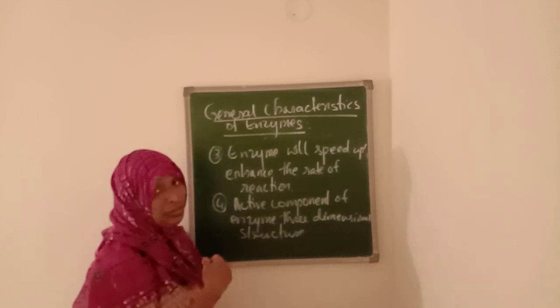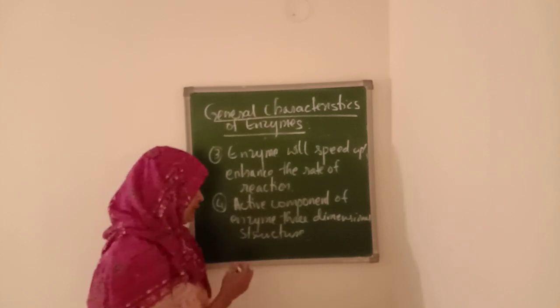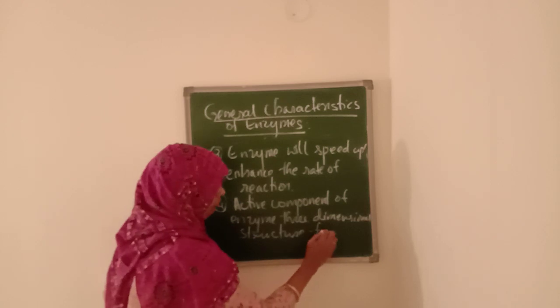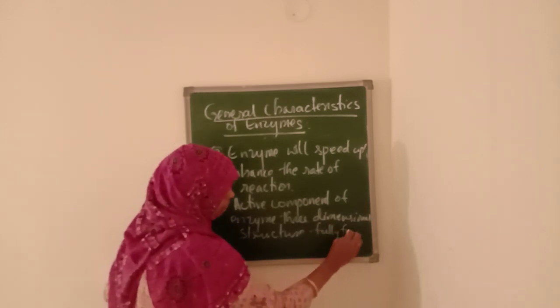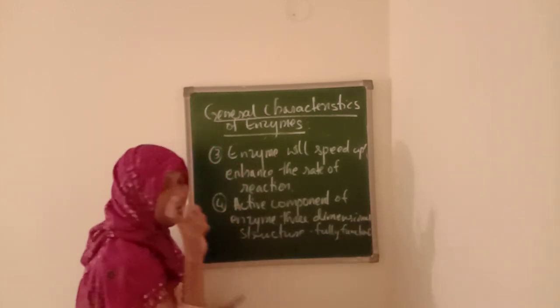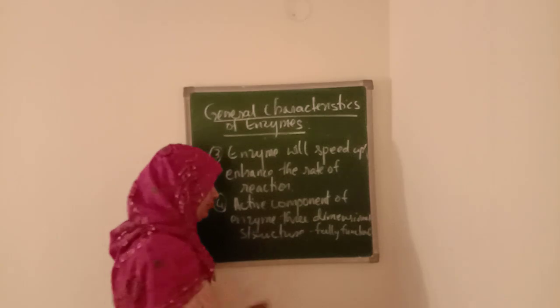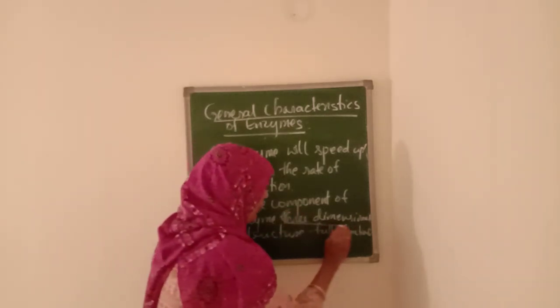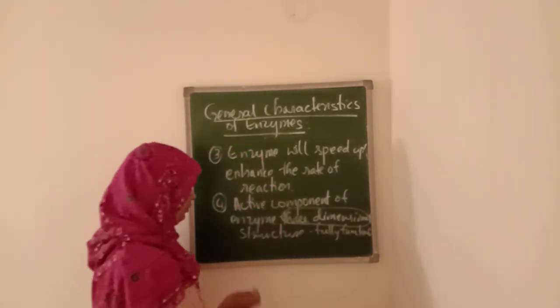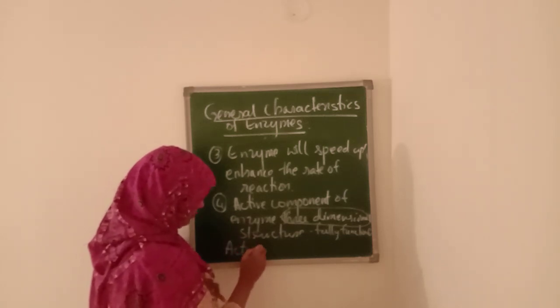That is, the fully functional form of the enzyme is always in the three-dimensional structure. If the enzyme has to be functional, the particular component of the enzyme that is involved in the activity is always three-dimensional in structure.